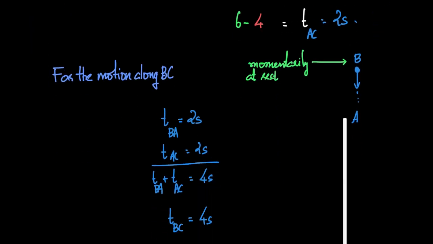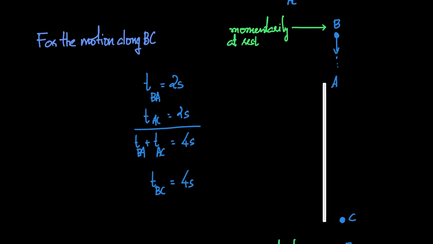Okay? So far clear? Now for the motion along BC, where it is momentarily at rest at B, the time to reach BA is 2 seconds. Yes, I do understand that there might be a lack of clarity in what I've said before. This would make it more clear.